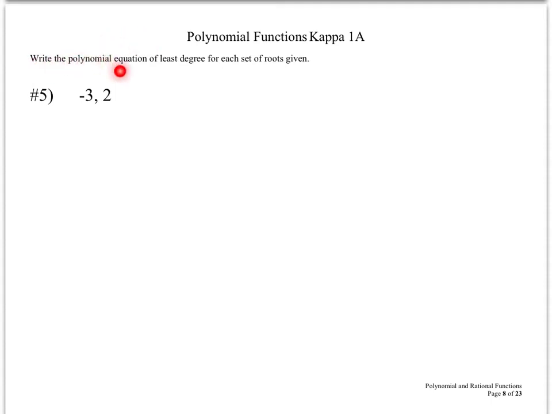Write the polynomial equation. When it says equation, it means it's set equal to 0, of least degree for each set of roots given. This is real easy in concept. Sometimes the execution is difficult. For each root that you have here, in this case we have 2, you make 2 sets of parentheses being multiplied together.